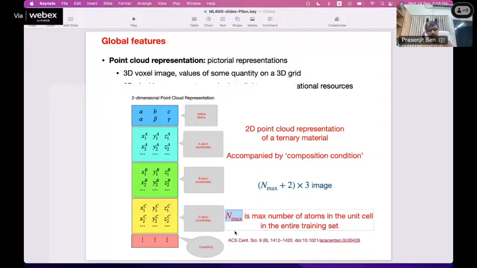If a particular material has fewer atoms than n max, then you pad the remaining rows with zero. So that is just the zero padding block. So you have n max plus 2, because of these two rows. Here n max plus 2 rows and 3 columns. So an n max plus 2 times 3 pixel image is your materials representation.